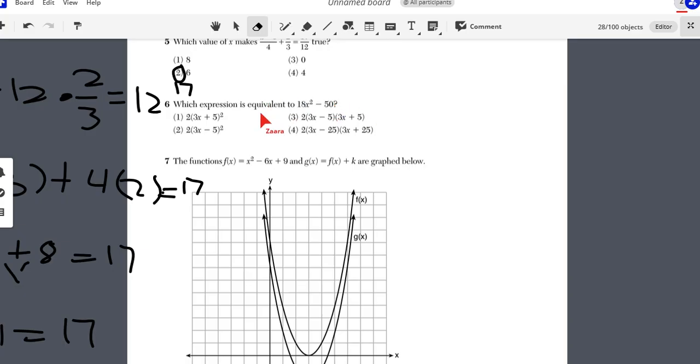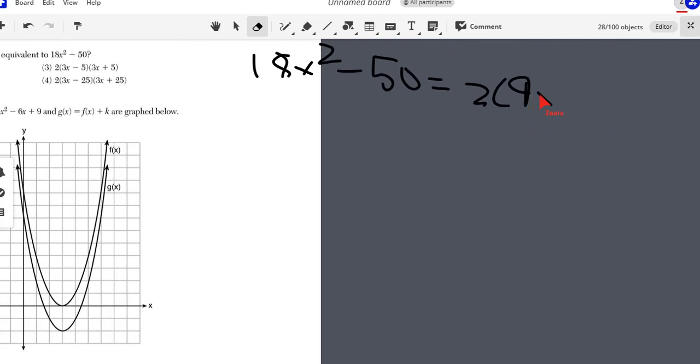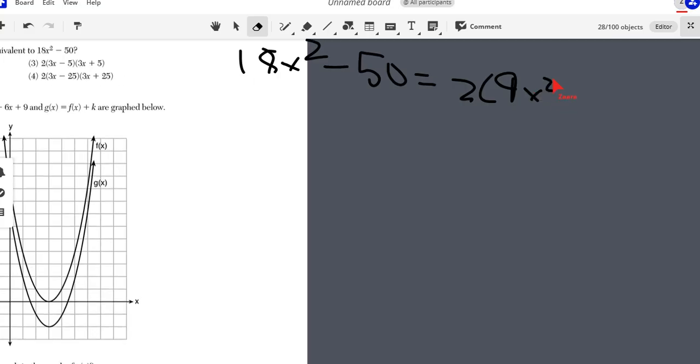For this, first I solved the equation again. I do 2 times 9x squared minus 24.